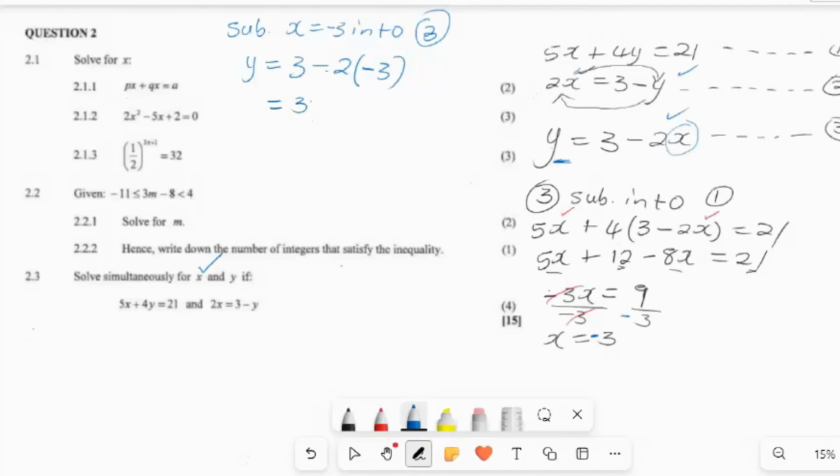Then minus 2 times minus 3 is positive 6, and the value of y equals 9. So we have managed to solve for y and x simultaneously. This is what they mean when they say solve simultaneously, and you've got your 4 full marks that you're not even sharing with anyone. So this is exactly what we were expected to do.